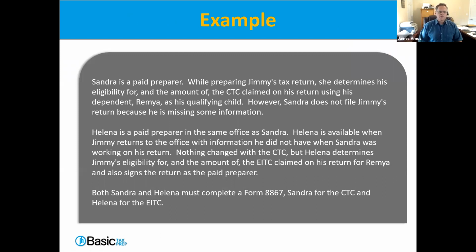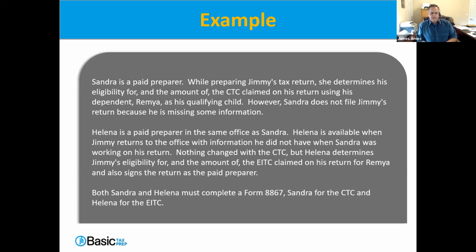So let's look at an example. Sandra is a paid preparer. While preparing Jimmy's tax return, she determines his eligibility for and the amount of the child tax credit claimed on his return using his dependent, Remia, as his qualifying child. However, Sandra does not file Jimmy's return because he is missing some information.